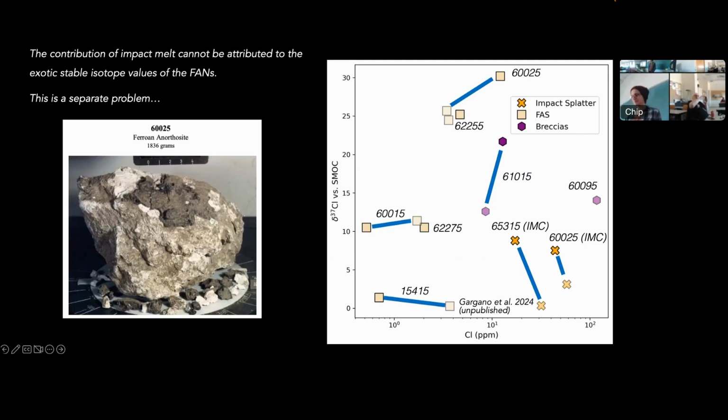And then the next step is, all of these fans, as you mentioned, survived a lot of impact processes, not essentially the splatter, but just the impact of the lithology itself. How then is that chlorine isotopic composition preserved from the initial formation to what you're essentially measuring? Let's see if I can get all those things.